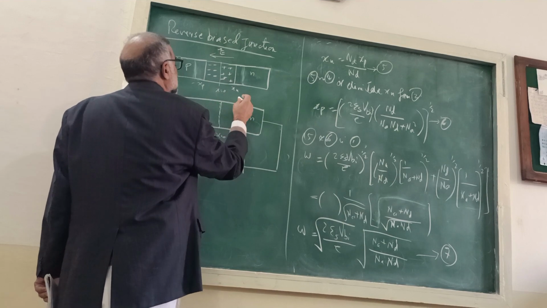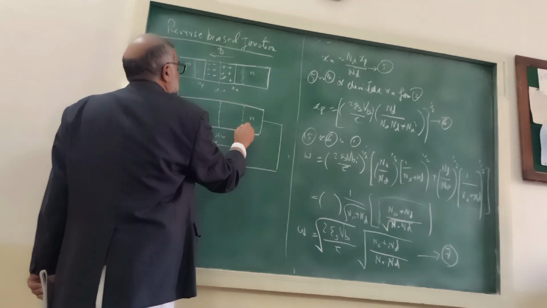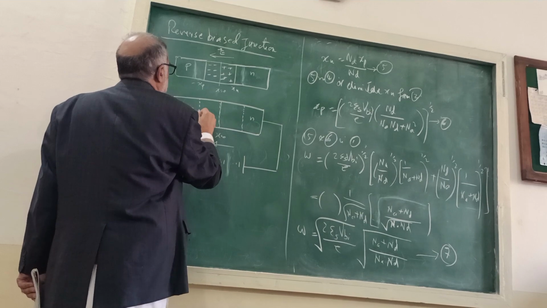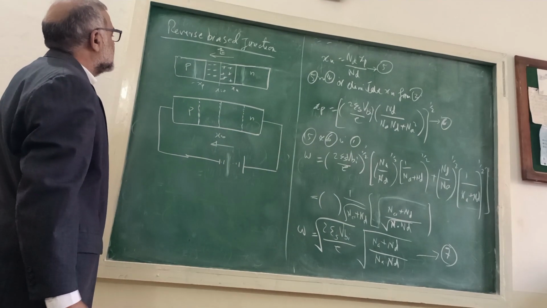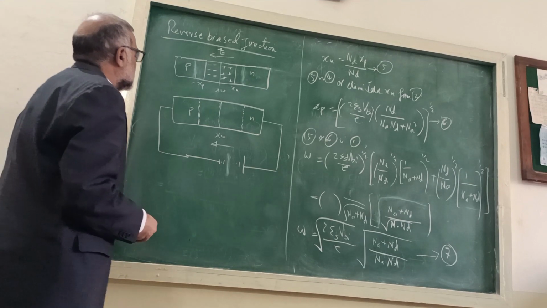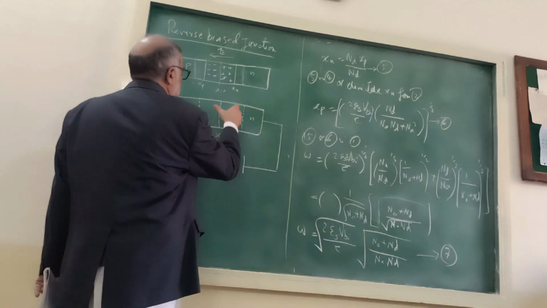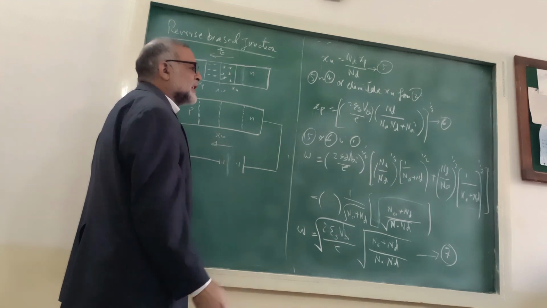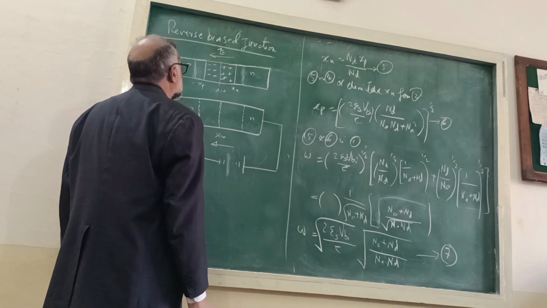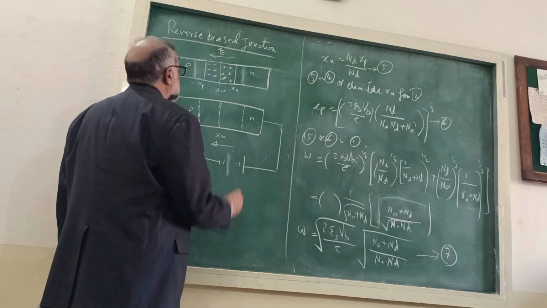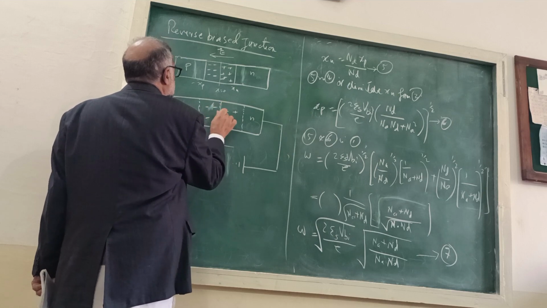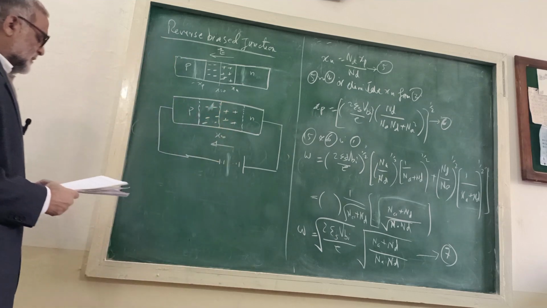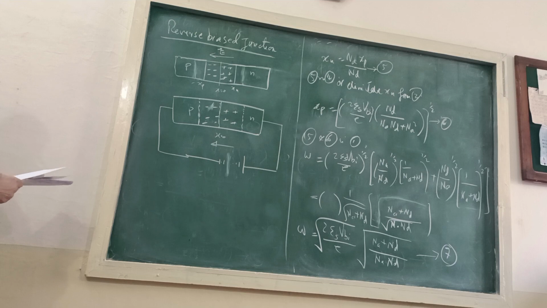So we think that the depletion region width should increase because of the two electric fields and the rise of the potential. Let us see.